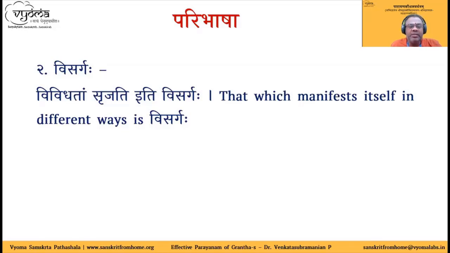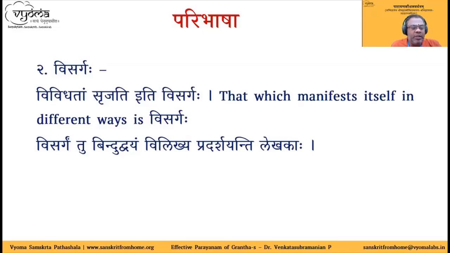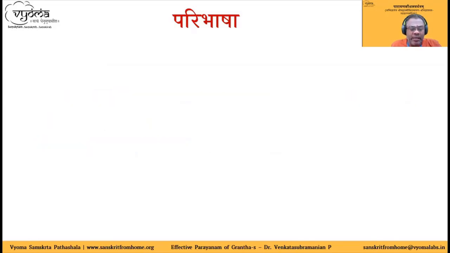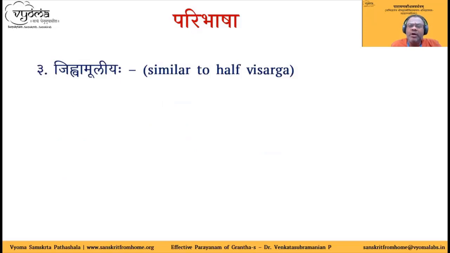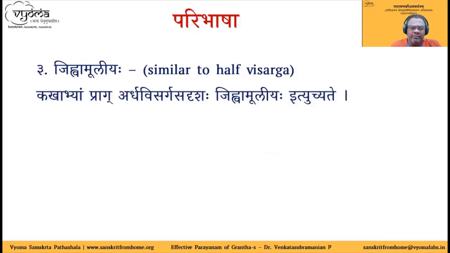Visarga in Vyakarana is the two dots by the side of the letter. Visargantu bindu dvayam vilikhya pradarshayanti vyakaranaha. Examples: Aha, ihi, uhu. Jihvamuliya is equal to a half visarga, but it should be in front of ka or kha only.